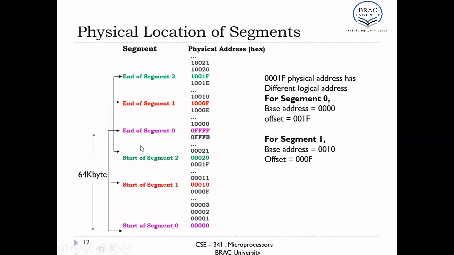But if segment 1 does not start within this range, but instead starts at 10000, that is after the 64 kilobyte range of segment 0, then there will be no overlapping. So they will be called non-overlapped segments.